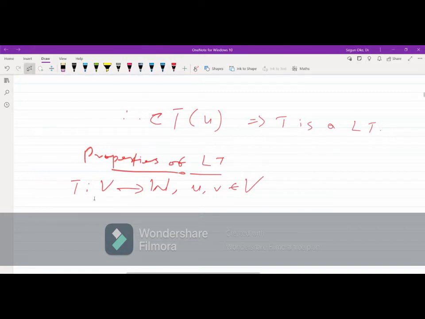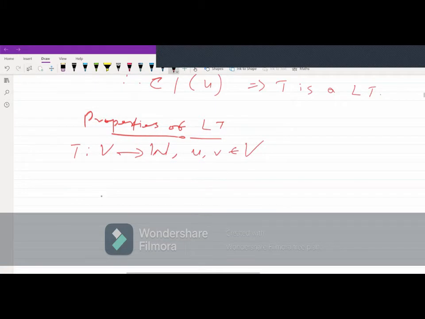Therefore, property number one says, T of 0 is equal to 0. Take note of that. Number 2 says, T of minus V is the same thing as minus T of V. Take note of that.